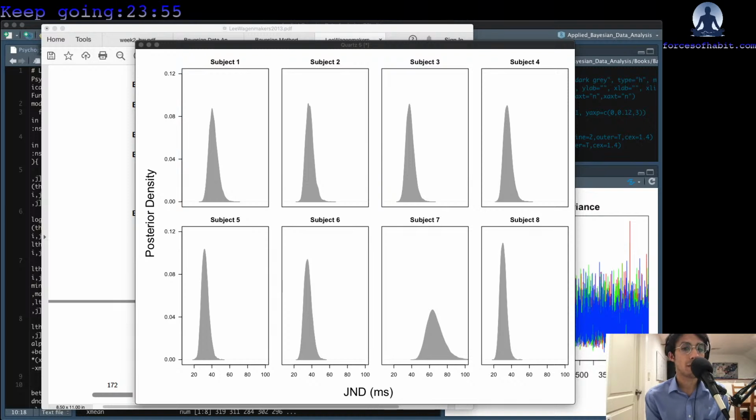Just taking a look at this, estimates that are precise are better here, and estimates that are to the left are better with respect to being able to perceive smaller intervals, so small deviations between the stimuli.